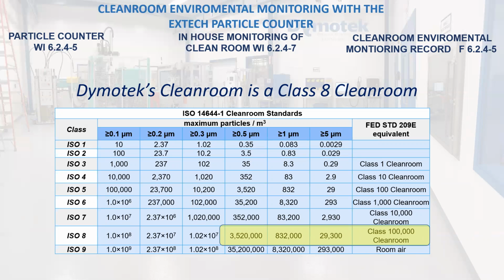This is also equivalent to the old 100,000 class clean room specification from the Federal Standard 209E, which no longer exists, but you still may hear people refer to a Class A clean room as a 100,000 class clean room.